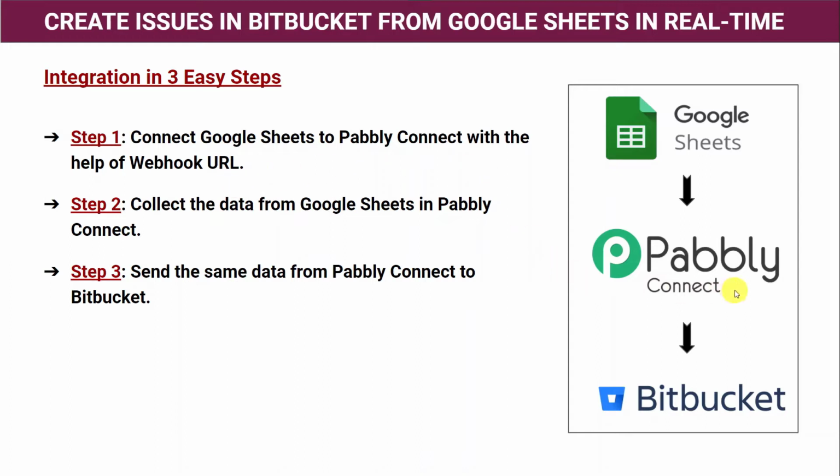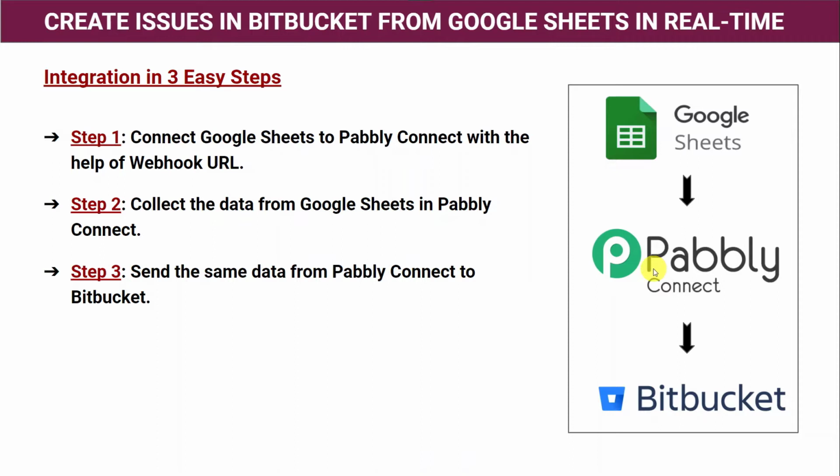First we have to go to Pabbly Connect, which is going to give us a webhook URL. We will paste that webhook URL in the Google Sheets, and it will create an integration between Google Sheets and Pabbly Connect.